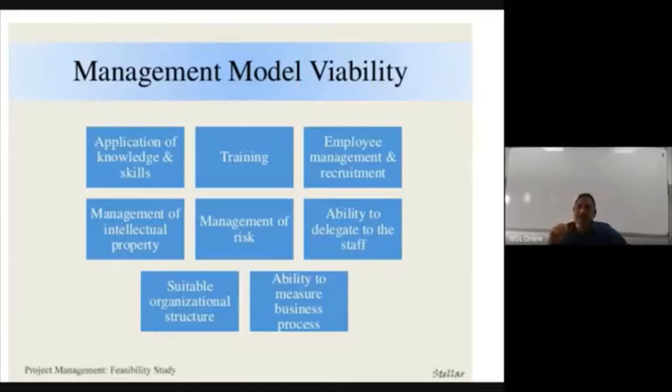It is not an academic qualification, a university degree or a master's degree in business management. Those are relevant, but when discussing the management model, that is not very important.